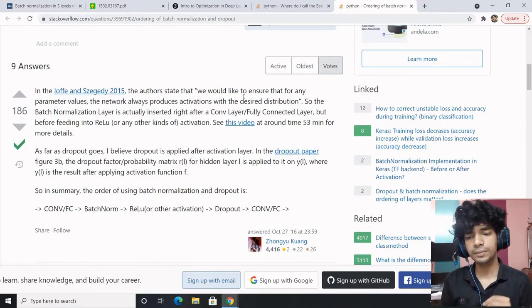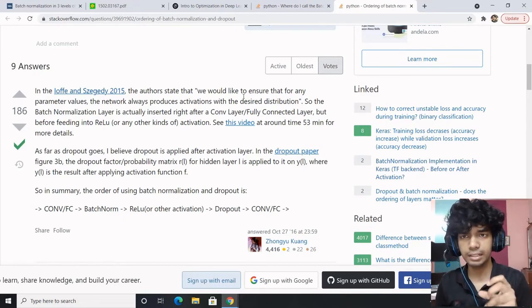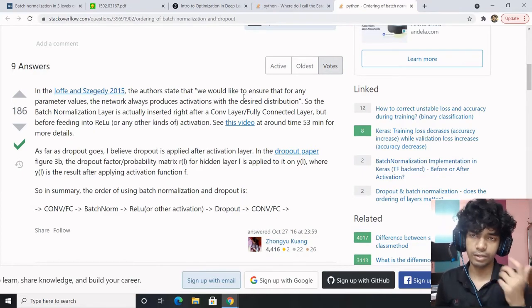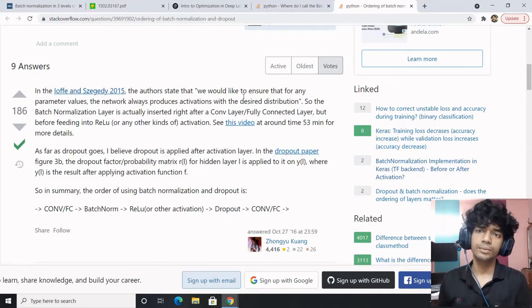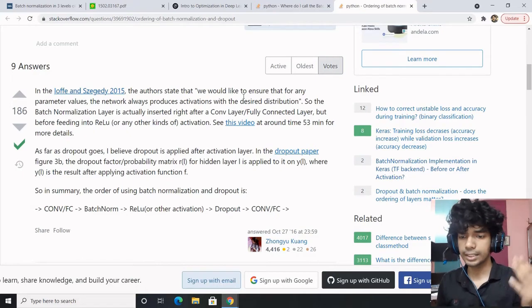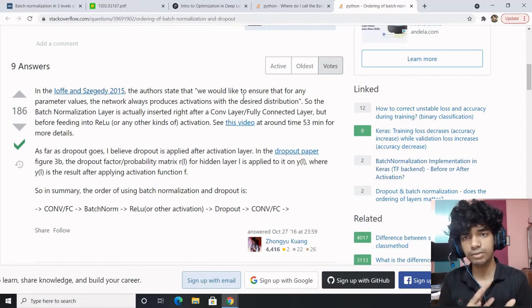However, some argue that after activation you are again distorting the values and outputs, which might lead to internal covariance shift, and that is why some people have observed that placing batch normalization after the activation function leads to better results.